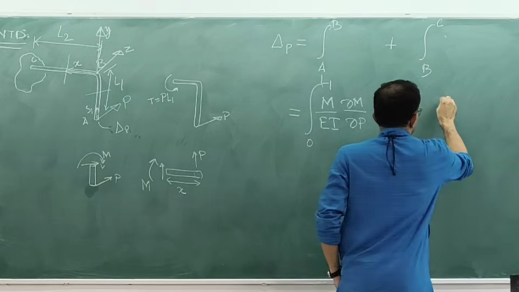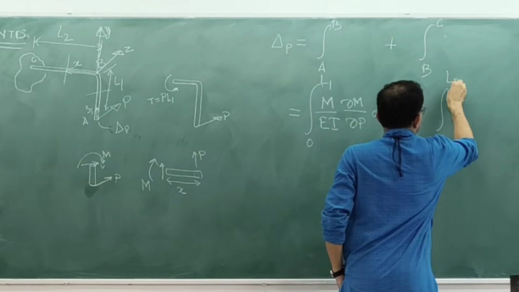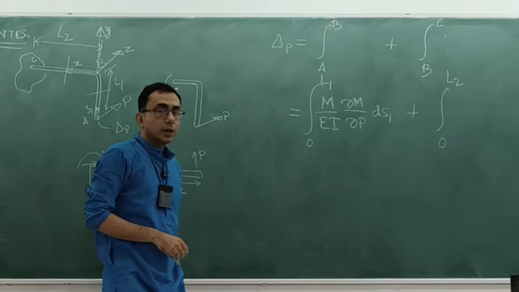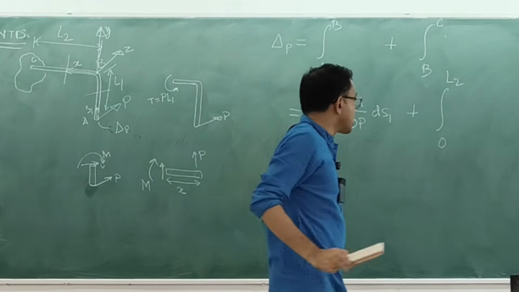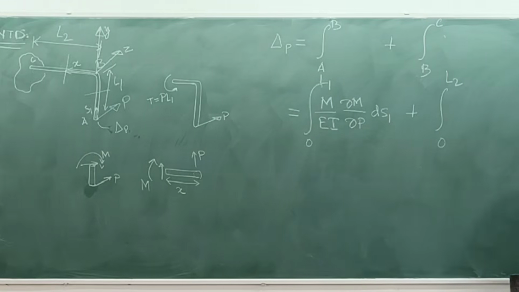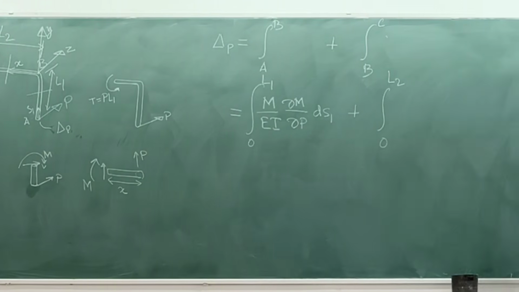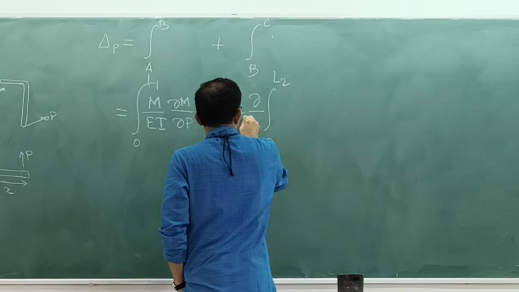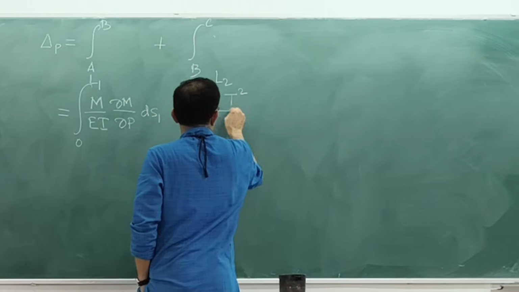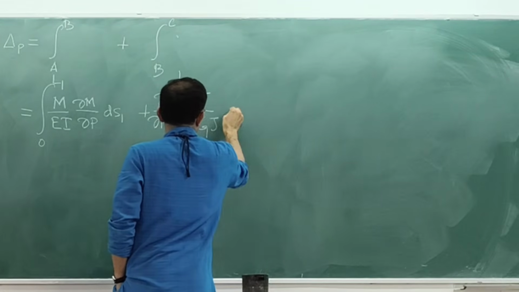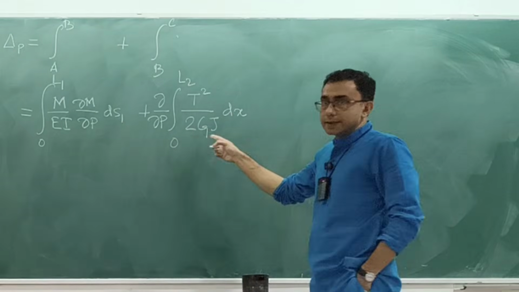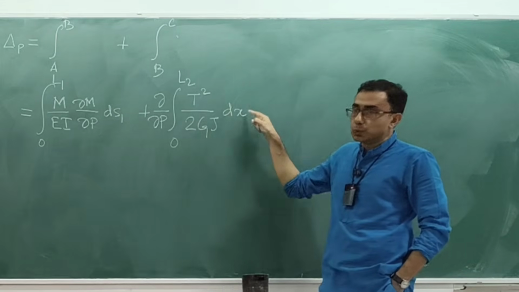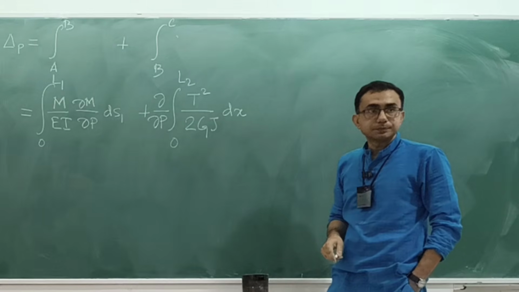Next, for 0 to L2, what are the contributions? First of all, the torsion. Del del P, this is the entire U. Entire U due to the torsion.